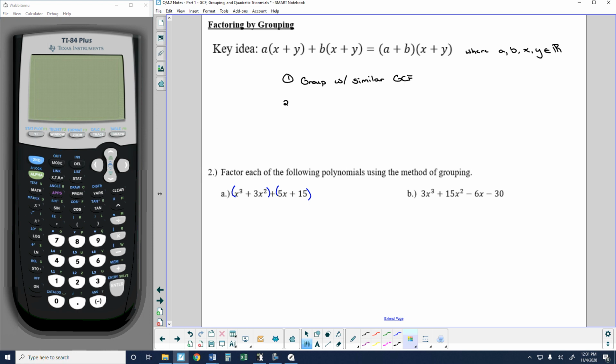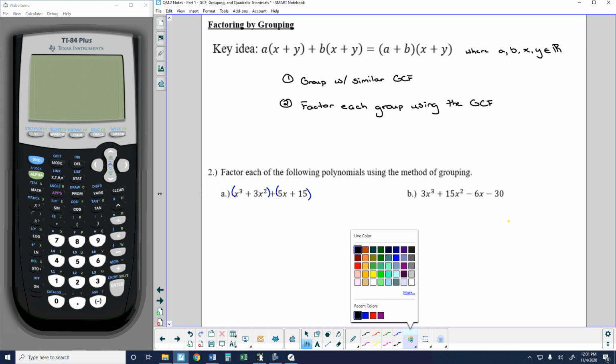The second thing that I'm going to do is factor each group using the greatest common factor. So if I look here in the first group, I have x cubed plus 3x squared. My greatest common factor for that should be x squared.